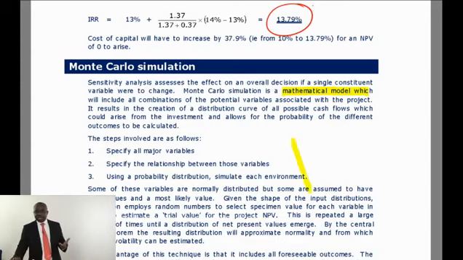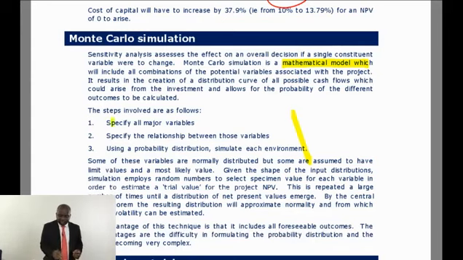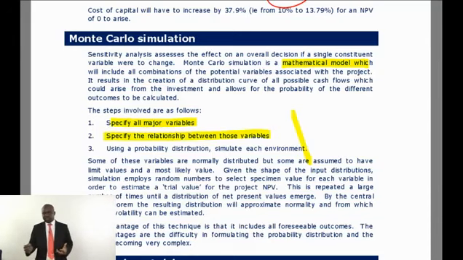The first one that you need to know is you have to specify all the major variables associated with the project. And when you specify all those variables, also look at the relationship between those variables. And then you come out with the probabilities of them occurring, and you prepare a big probability distribution table.